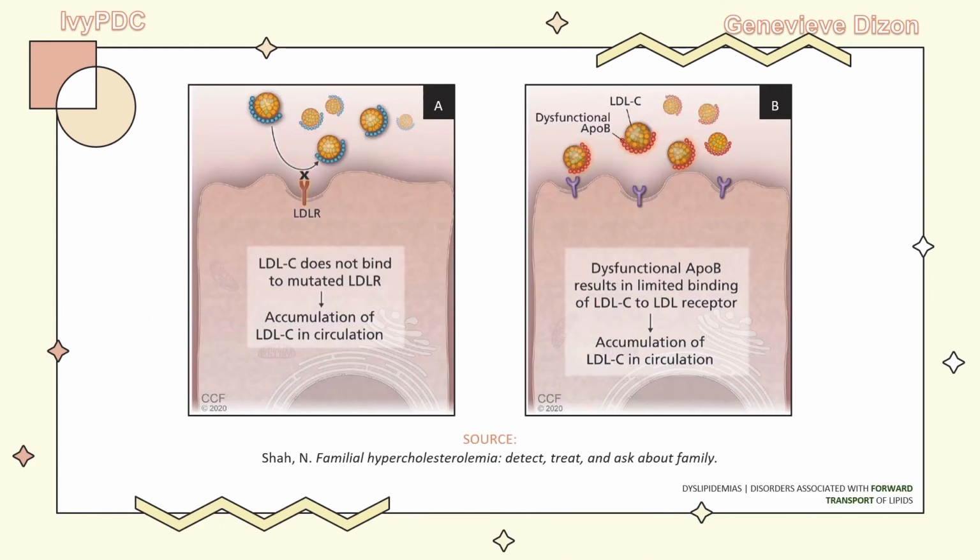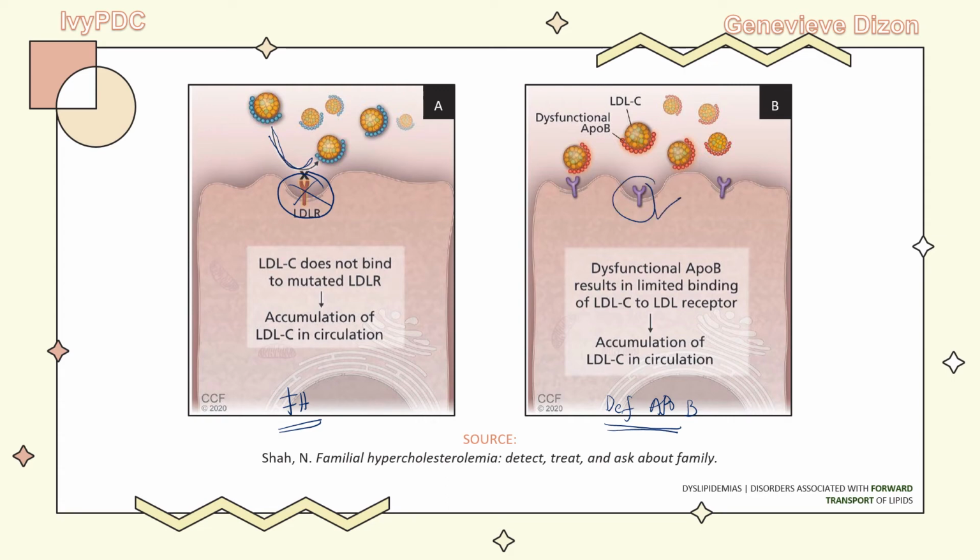These pictures would show the difference between familial hypercholesterolemia and a defective Apo B. In the FH, there is a defect in the receptor itself, which does not permit the binding of the Apo B lipoprotein, while in the defective Apo B condition, the receptors are okay.